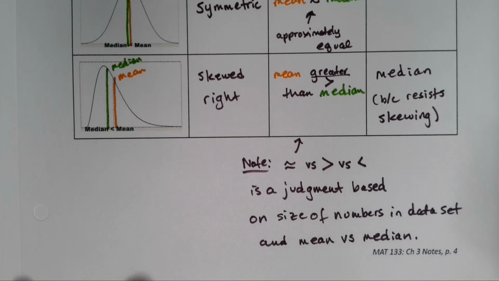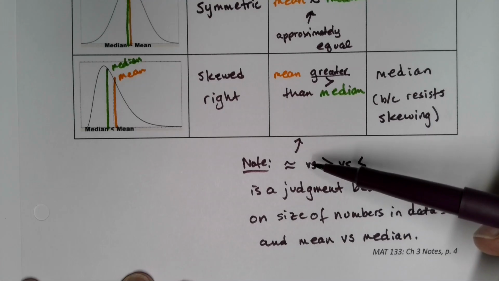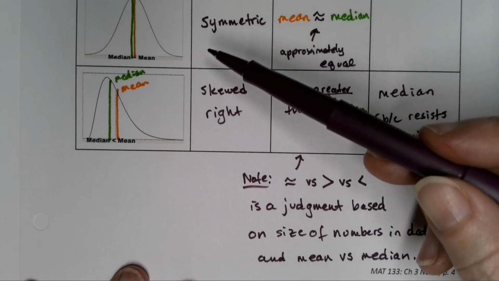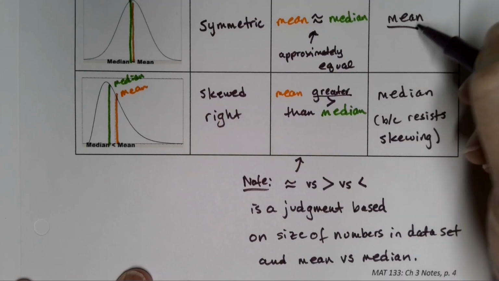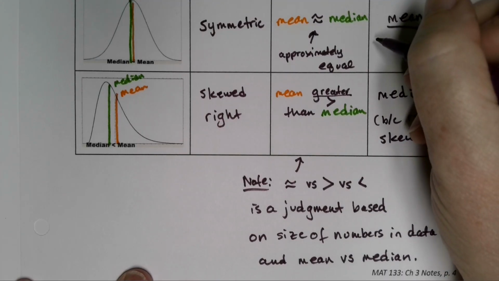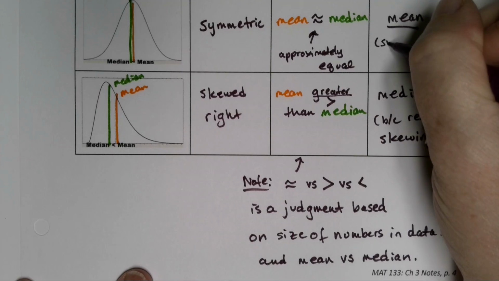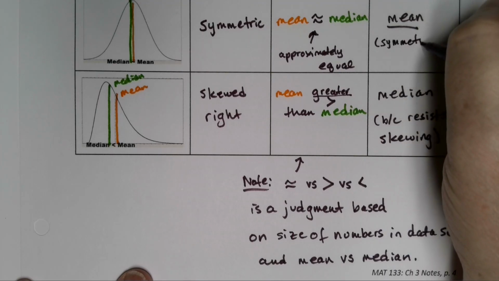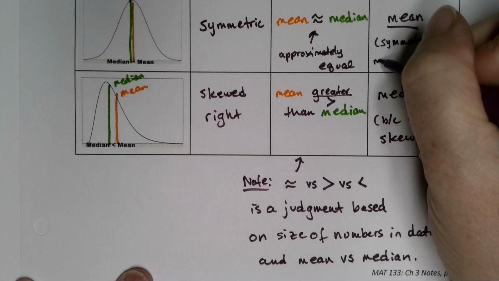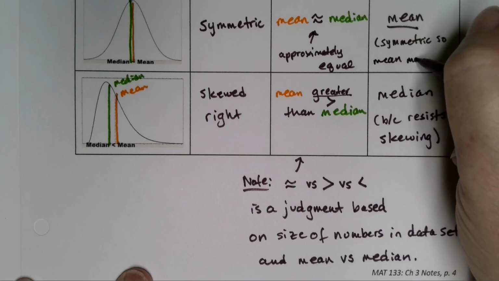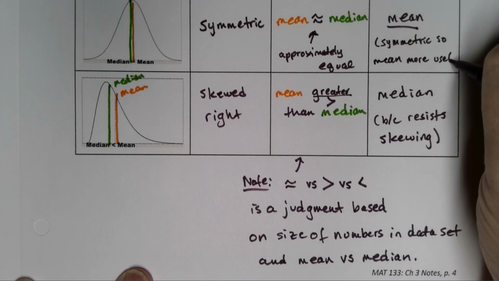Okay, so if they are approximately equal, then it's a symmetric graph, in which case the mean is the preferred one. That's because when it's symmetric, we can do a lot more with the mean. There's a lot more formulas based on the mean and various other things.